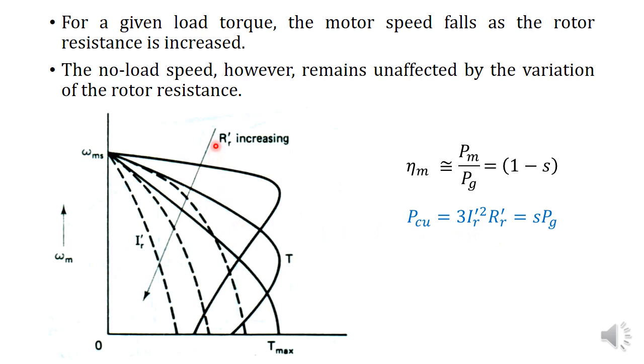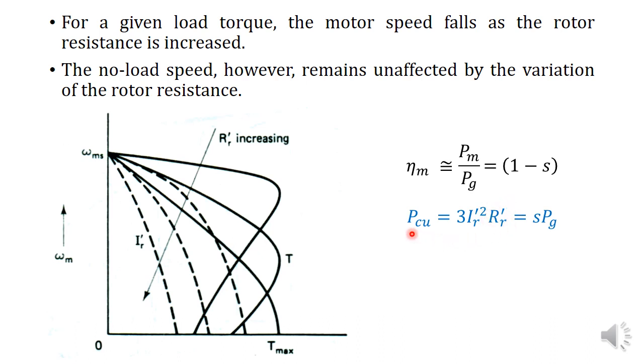So when you implement rotor resistance control, the method is to connect an additional variable resistance in the rotor circuit. An external resistance will be connected to the rotor circuit in order to control the speed. So the rotor copper loss will be much higher when you increase the value of rotor resistance.